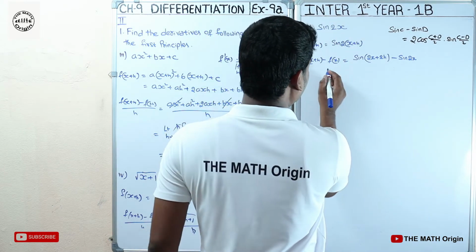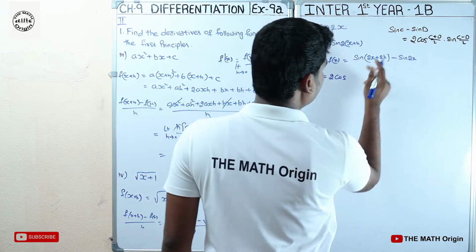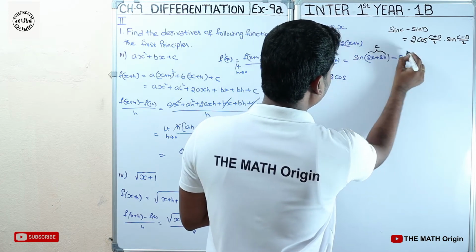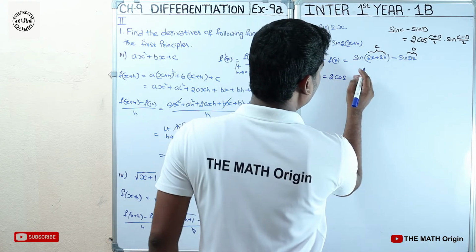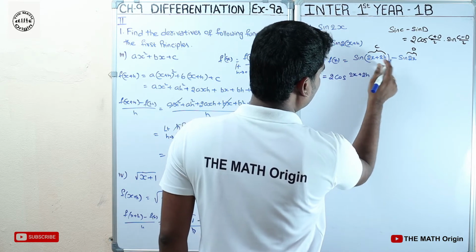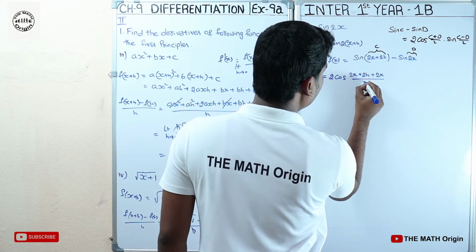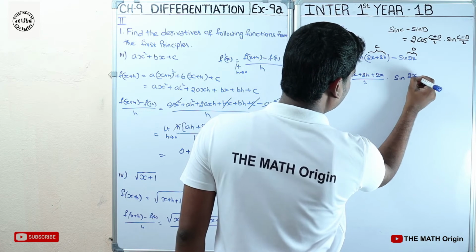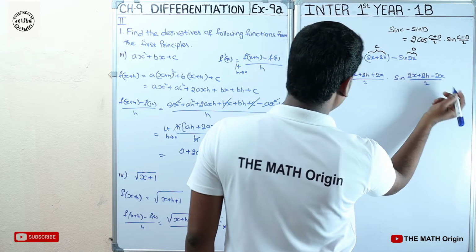Okay, according to that, let's write this value. Therefore that is equal to 2 cos of (c plus d) by 2. Here c means this complete value and this is d. So 2 cos of (2x plus 2h plus 2x) by 2 into sin of (2x plus 2h minus 2x) by 2.